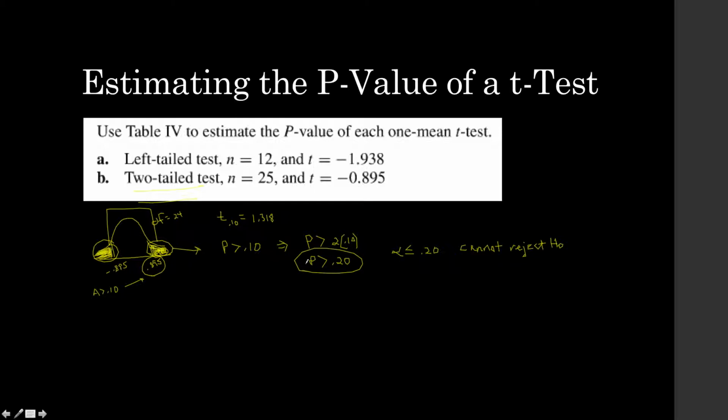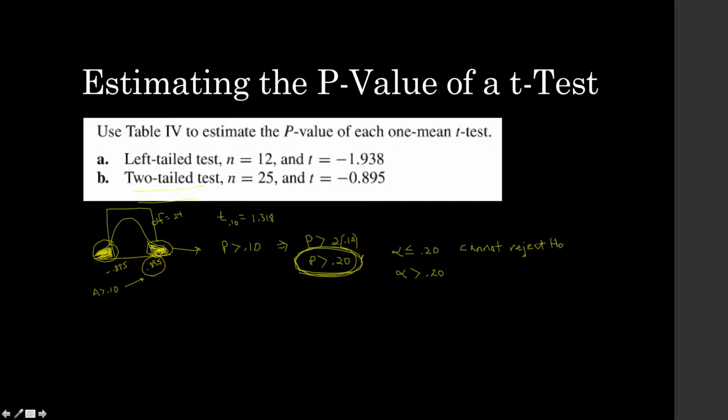However, suppose the significance level is larger than 0.20. Well, here's the deal. We only have one p-value in this interval.